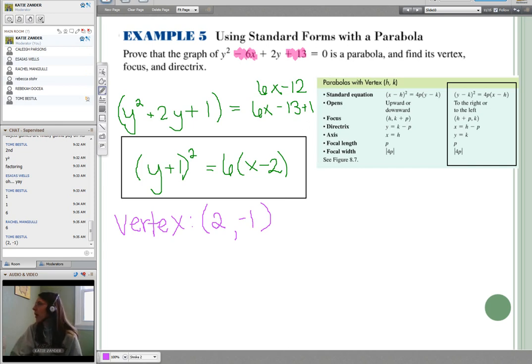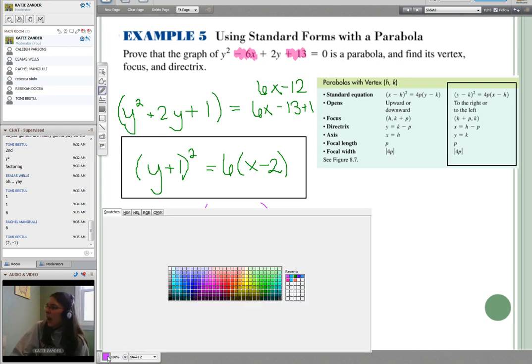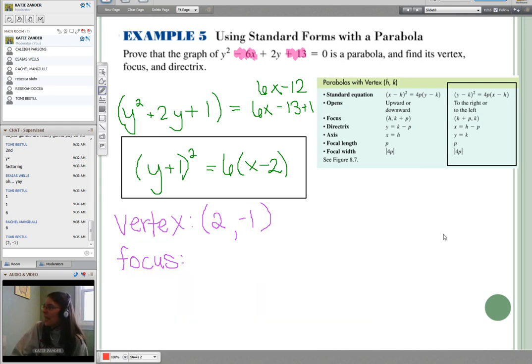Good. The focus is next. Before we can find the focus, it looks like we've got to find the value for p. Any ideas for how I can find the value of p in this scenario?